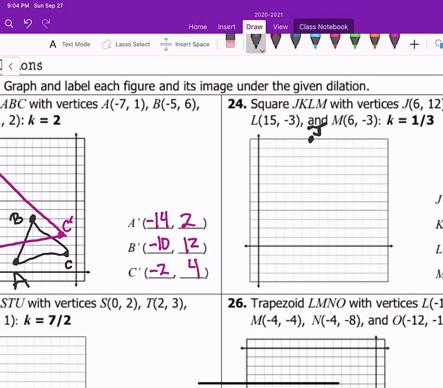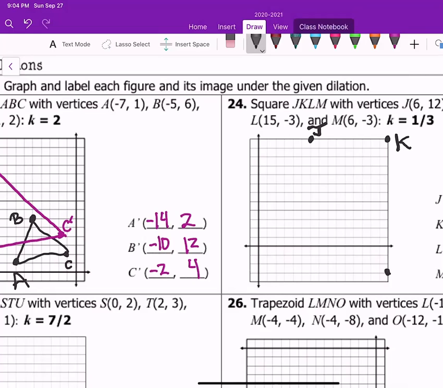Let's see, K is 15. So 15, all right. This 6, 7, 8, 9, 10, 11, 12, 13, 14, and 15. And then 12 again, so it'll be up here. So this would be my K. And then 15, L. And then negative 3. So 15, only 1, 2, 3.